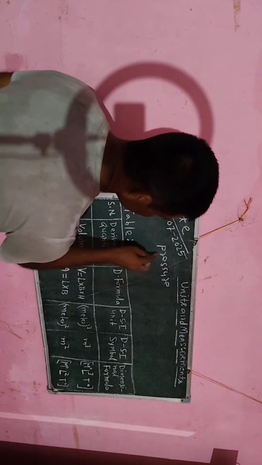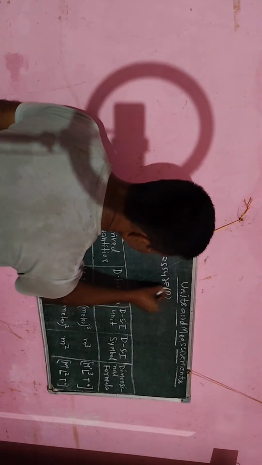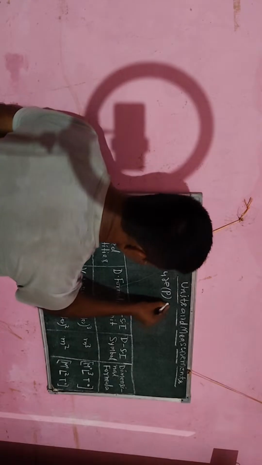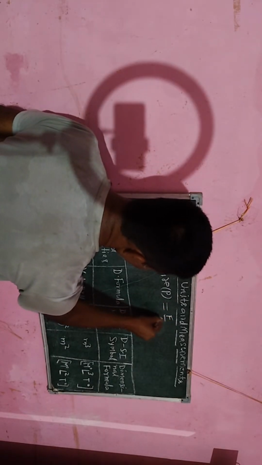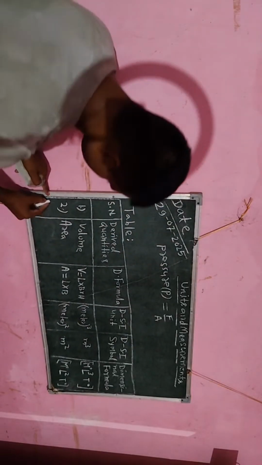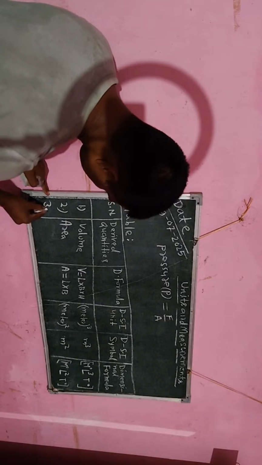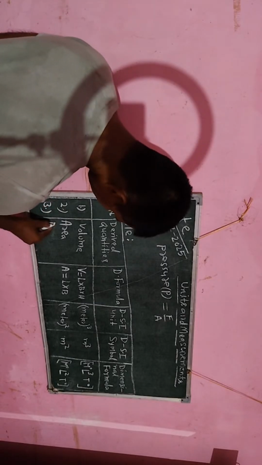Pressure is represented with P, and its formula is P is equal to F divided by A. So here we can write pressure.